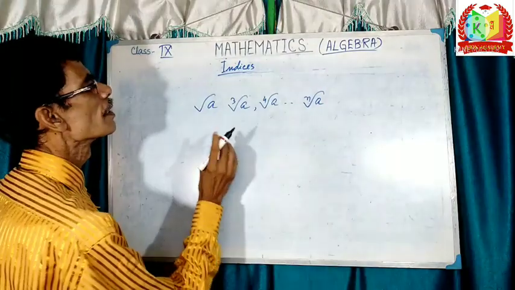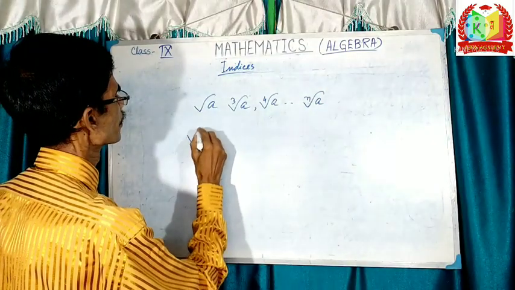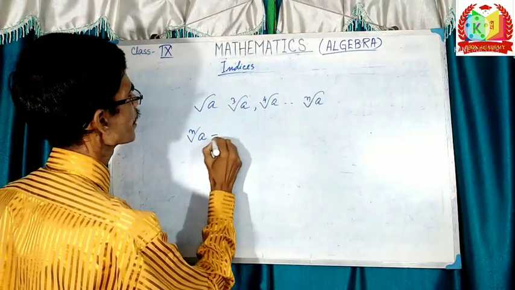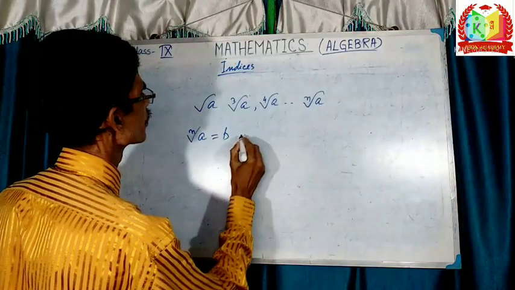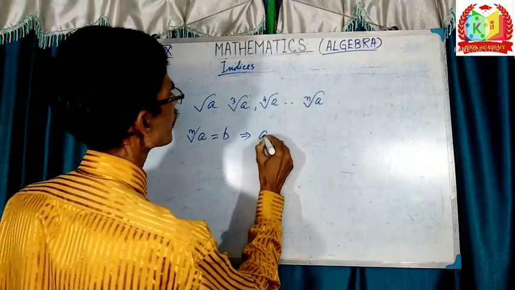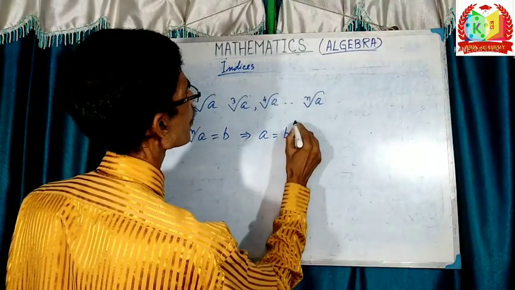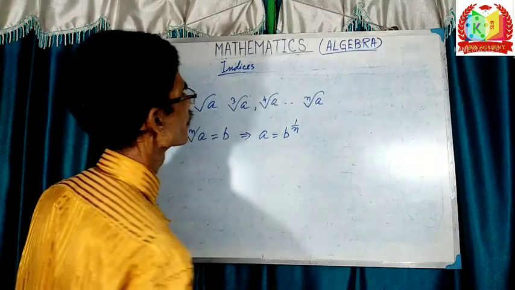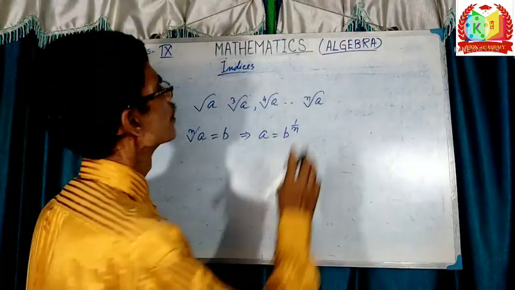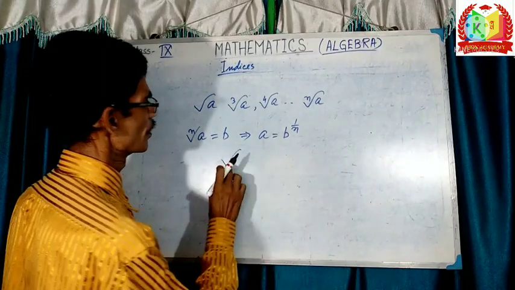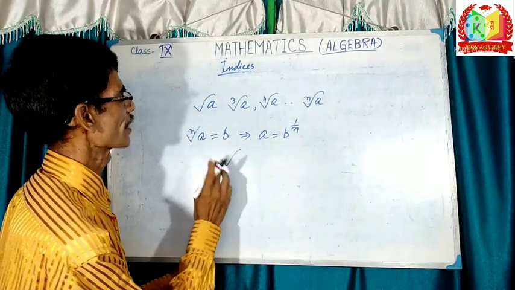If nth root a equal to b, therefore a equal to b to the power 1 by n. This is called radical sign.